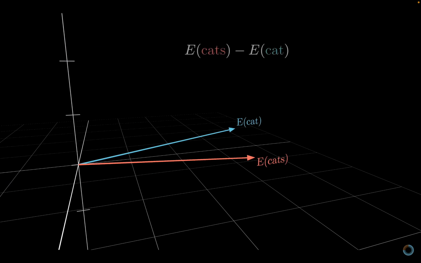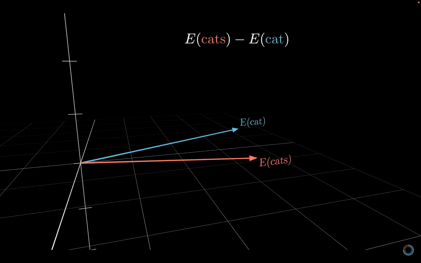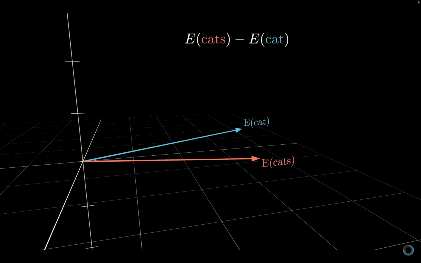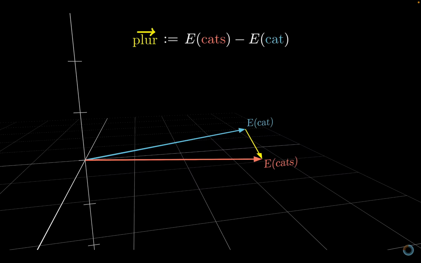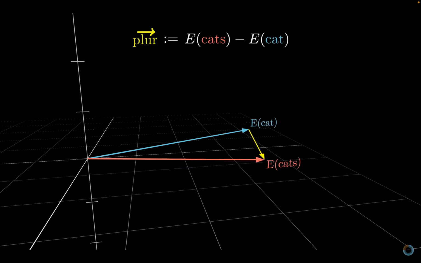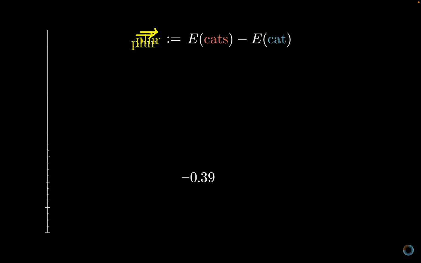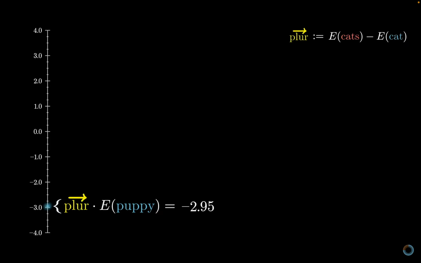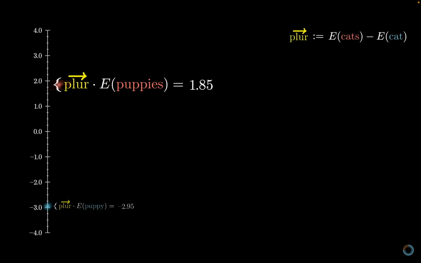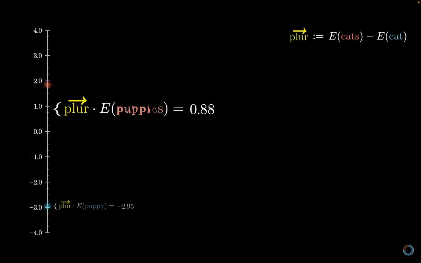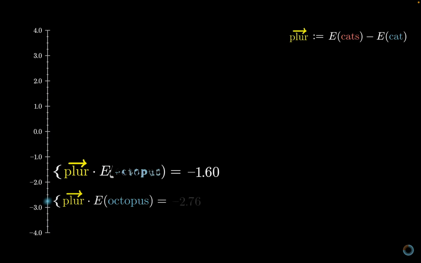For example, let's say you were playing with this model and you hypothesize that the embedding of cats minus cat might represent a sort of plurality direction in this space. To test this, I'm going to take this vector and compute its dot product against the embeddings of certain singular nouns and compare it to the dot products with the corresponding plural nouns.